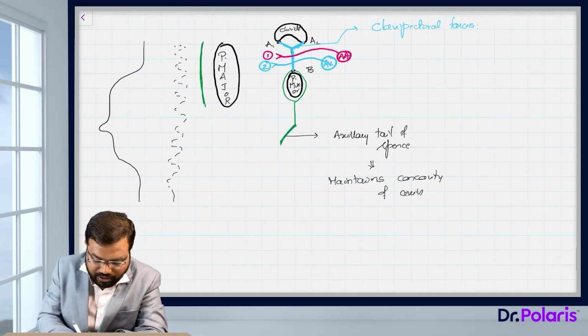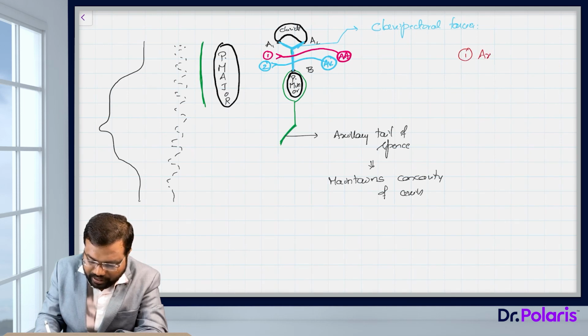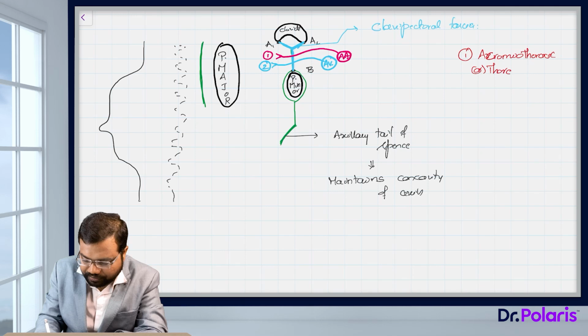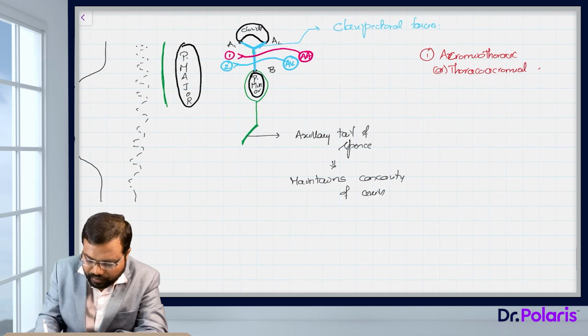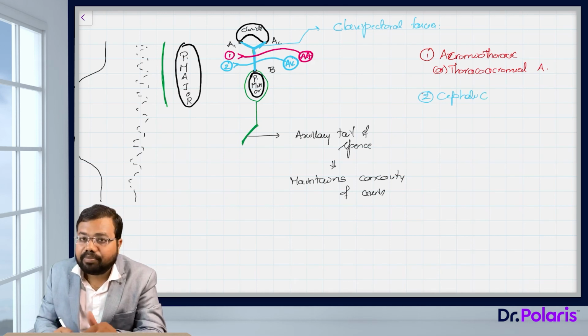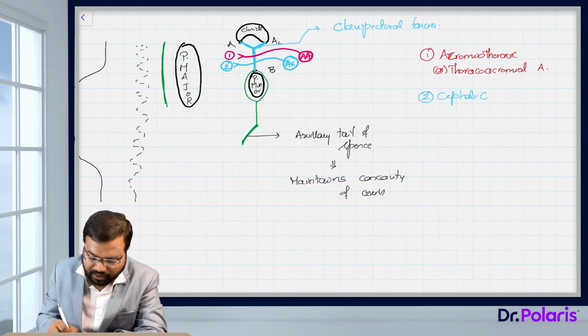Okay, so the first one is the axillary artery branch called the acromiothoracic artery or thoracoacromial artery. The second one is the cephalic vein, which drains into the axillary vein by piercing the clavipectoral fascia.